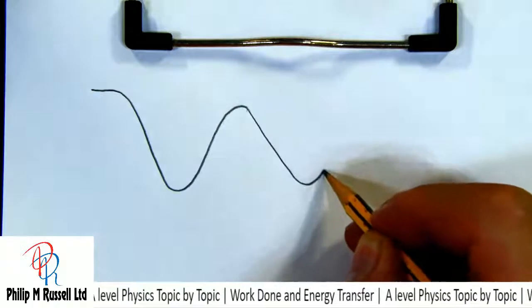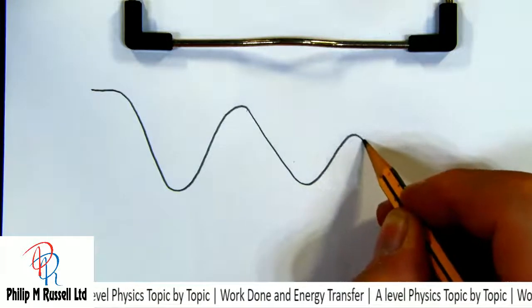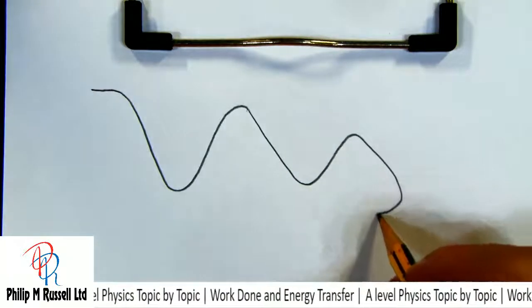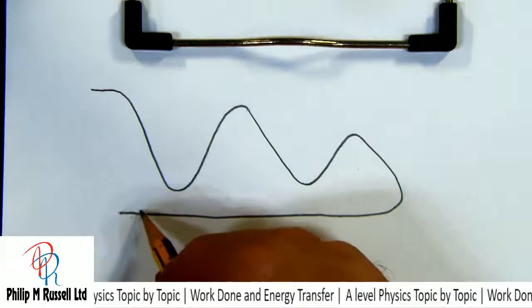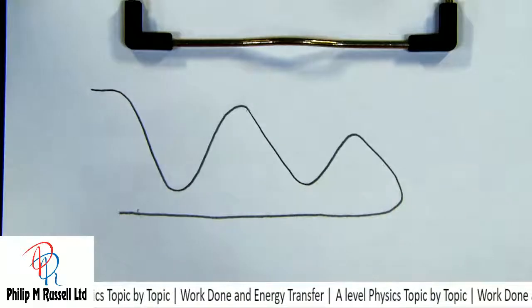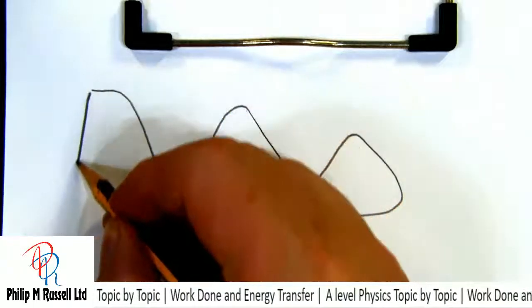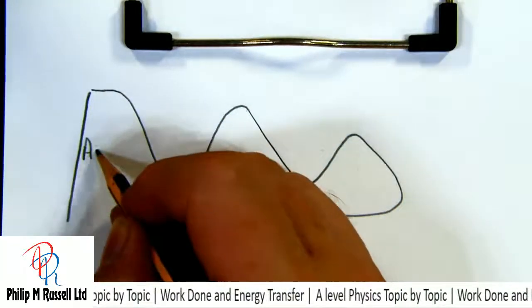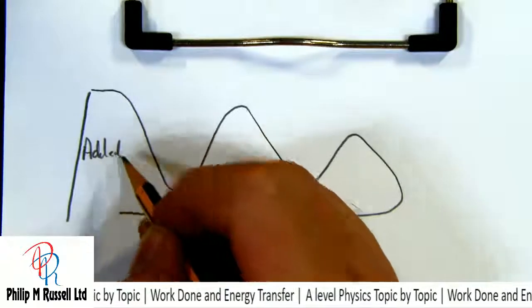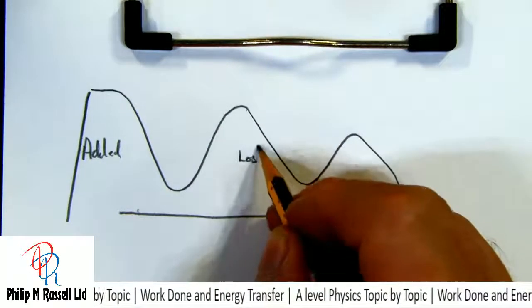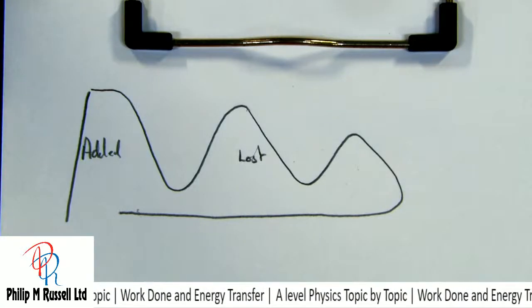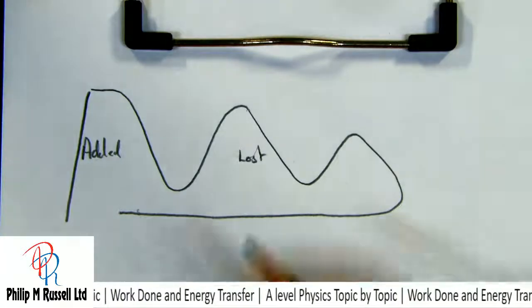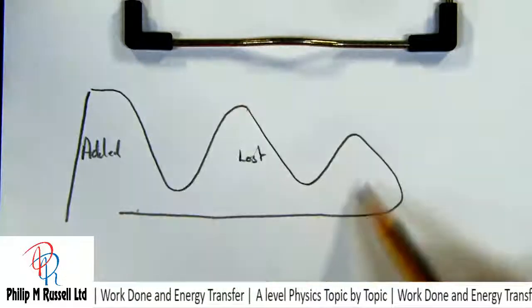We can come down, roll up again, before we manage to finish up where we started. Energy, of course, had to be added to the system so that it could be lost along here. And we can make some of the most wonderful roller coasters.